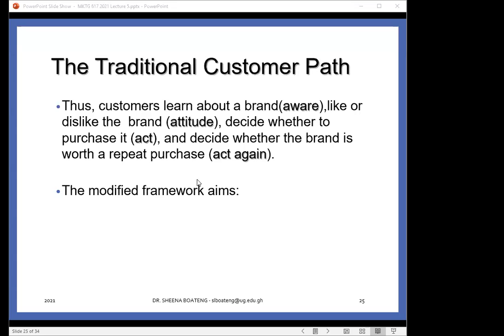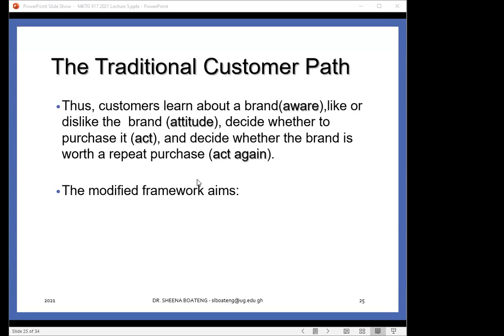And once this awareness has been created, based on how the awareness was created, be it through our own communication, using either paid or owned media, or through earned media, where customers are sharing their experiences, influencers are voluntarily reviewing, customers will form some kind of attitude towards the brand.